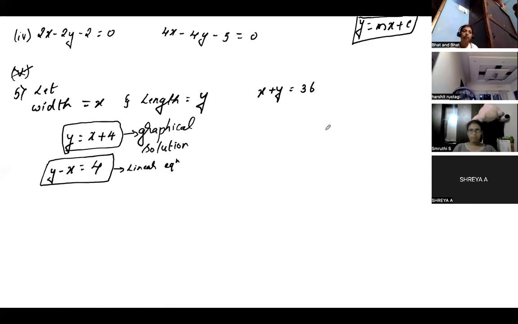Now we have the two equations. This is linear equation 1 and this will be our linear equation number 2. Now can you tell me whether they are consistent or not? Compare the ratios A1 by A2, B1 by B2, and C1 by C2.